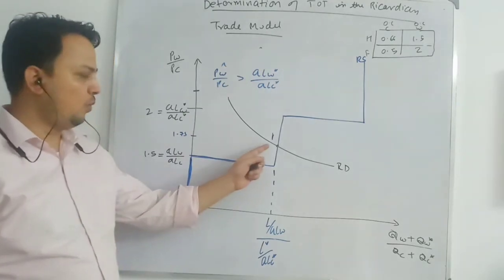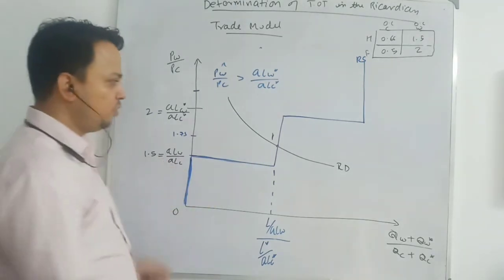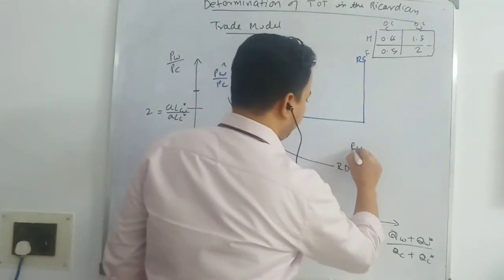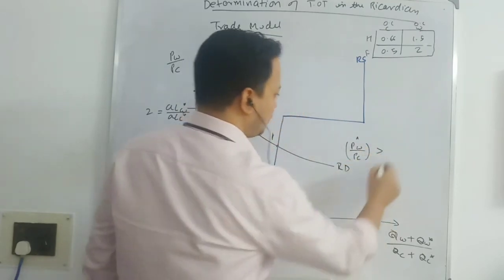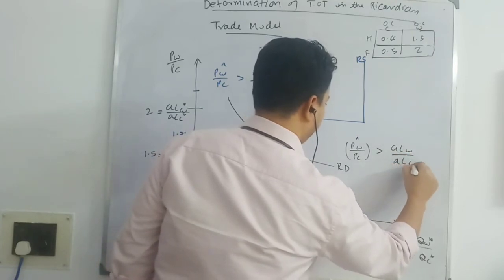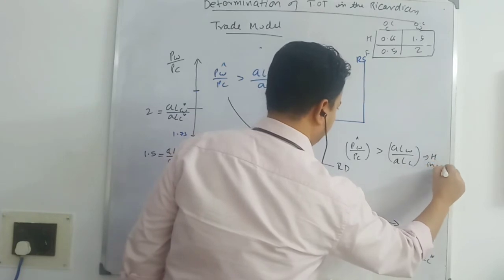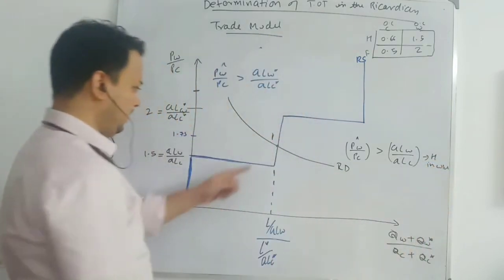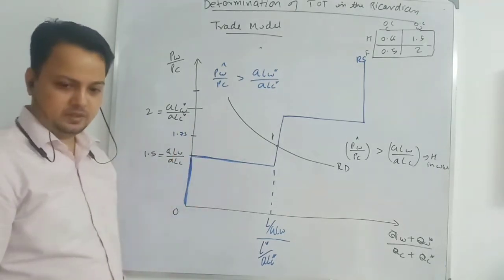Home country will specialize in the production of wine. Why? Because the terms of trade, PW by PC hat, is greater than the opportunity cost of producing wine in the home country. So home will specialize in wine. Similarly, at this point, the foreign country will specialize in the production of cheese.